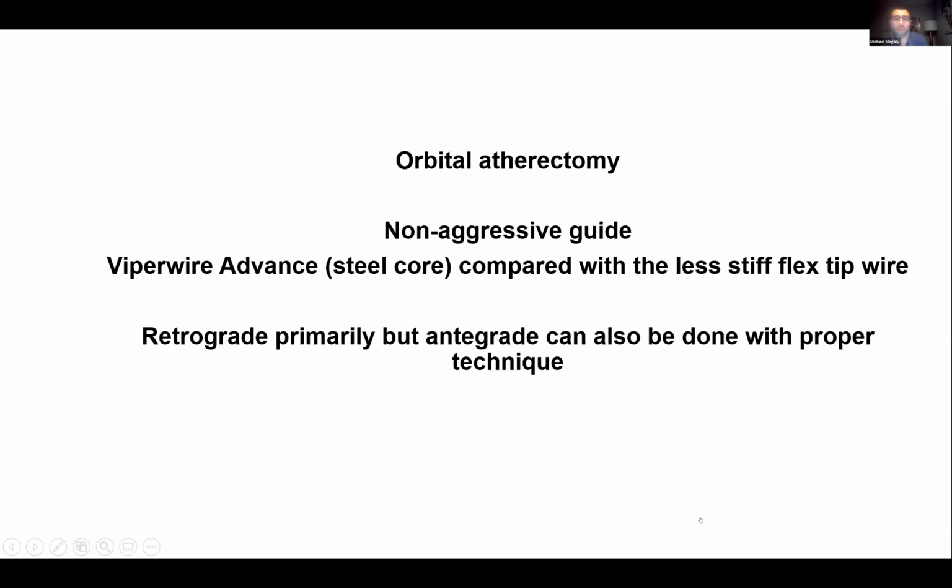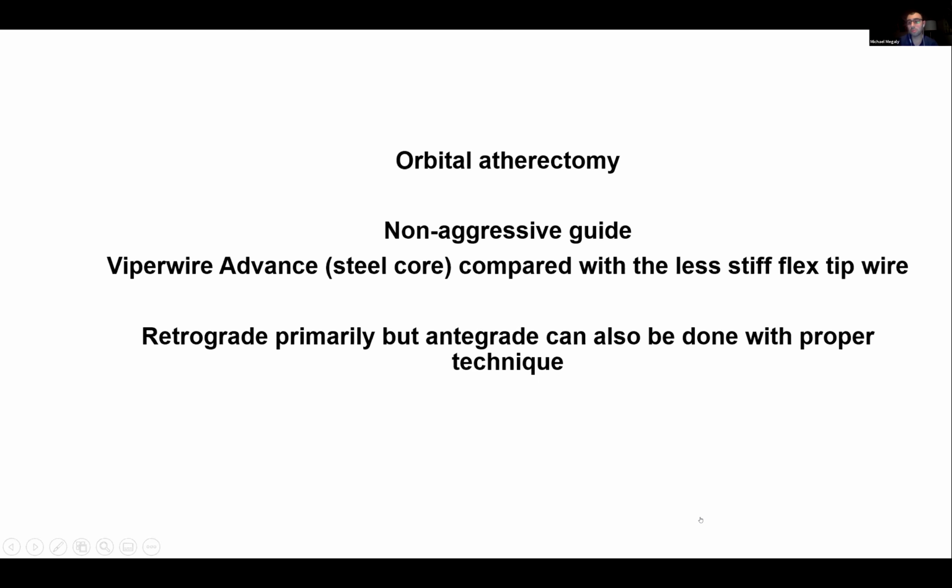We decided to go with orbital atherectomy, and a few tips that I want to share from what I've learned: especially when using orbital atherectomy for ostial calcification, we want to use a non-aggressive guide, like a guide that can be kicked out. In Lindsey's case, we used the JR4, which was not appropriate in that case because the calcification was distal.